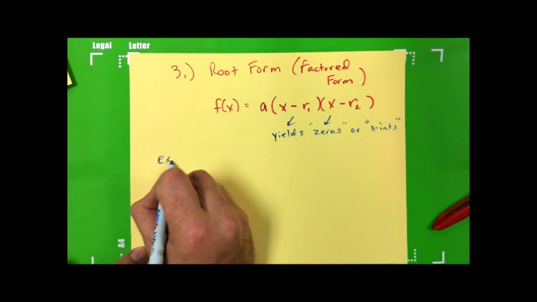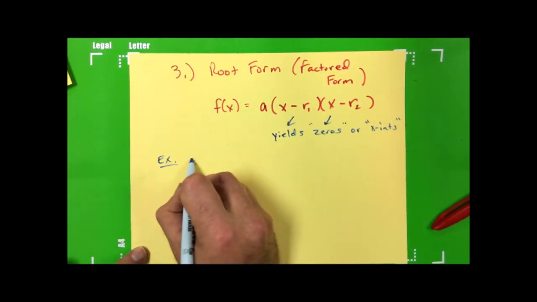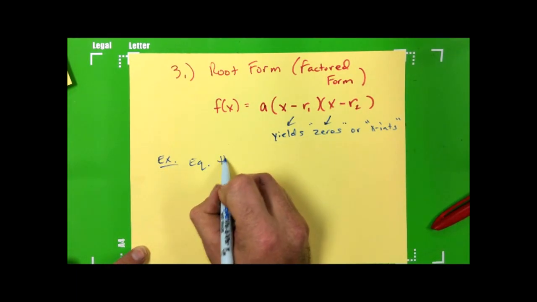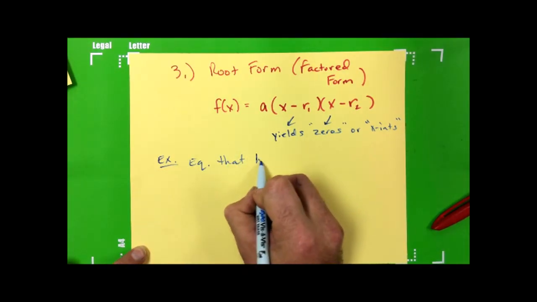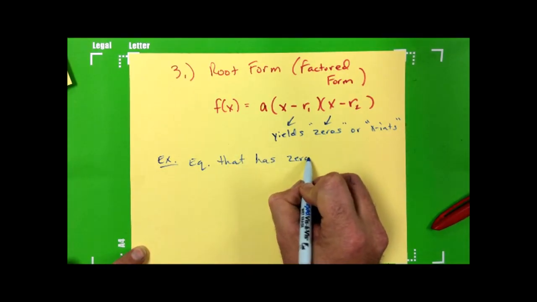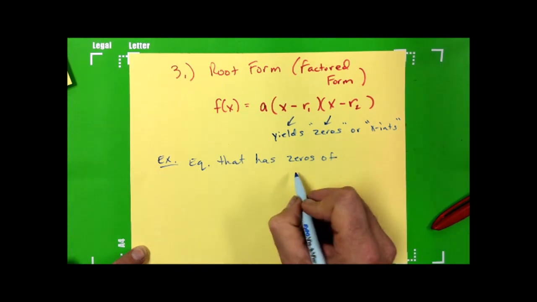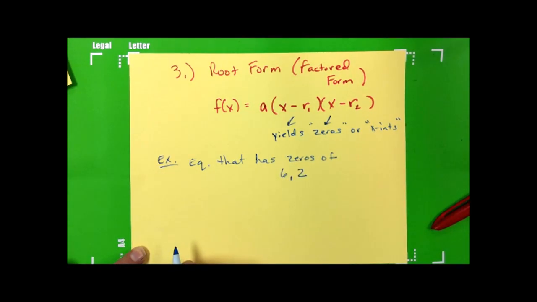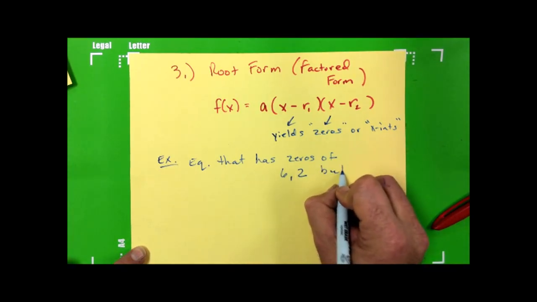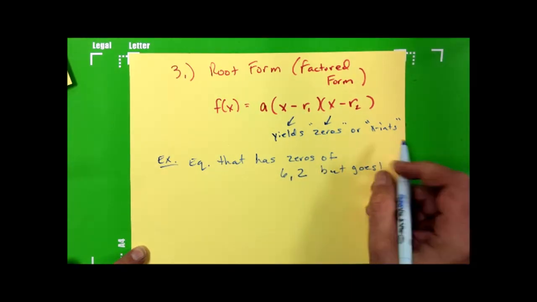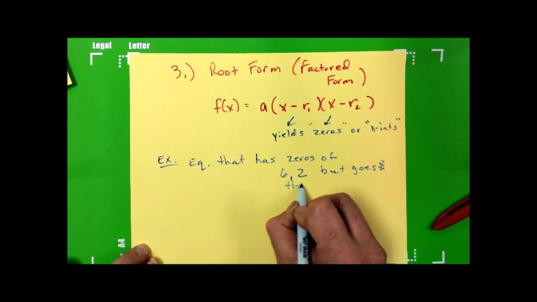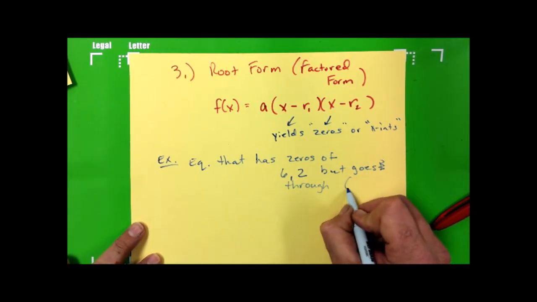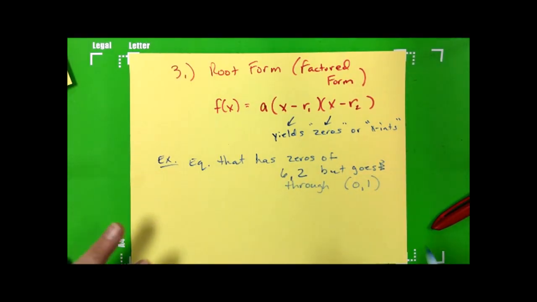If I ask, for example, find an equation that has zeros of, let's use 6 and 2, but goes through 0, 1, what do you do?